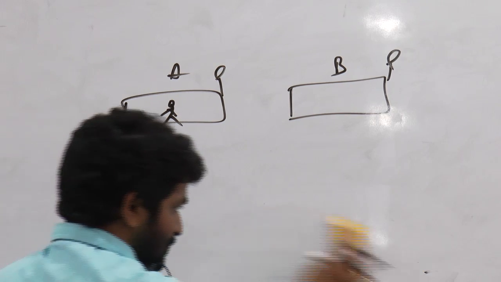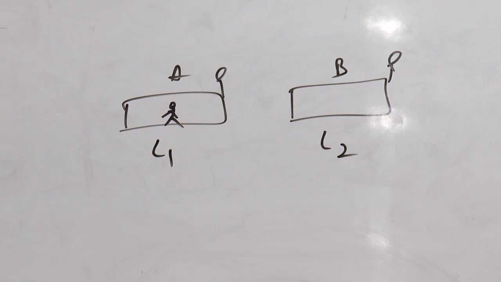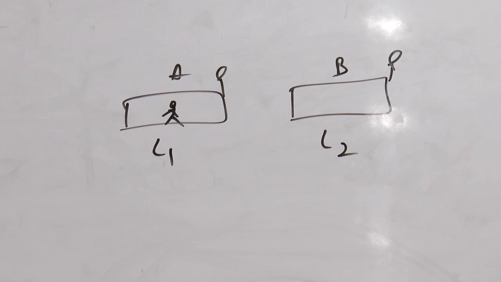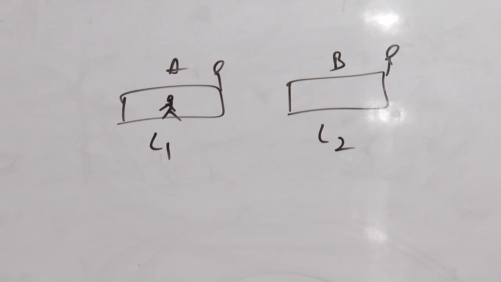Is that okay? This length is L1 and this is L2. In the first case, train A crossed train B. What is the distance covered in that case? L1 plus L2. In both the cases, there are two cases here. In one case, the time taken was 50 seconds, and in the other case, time taken was 30 seconds.